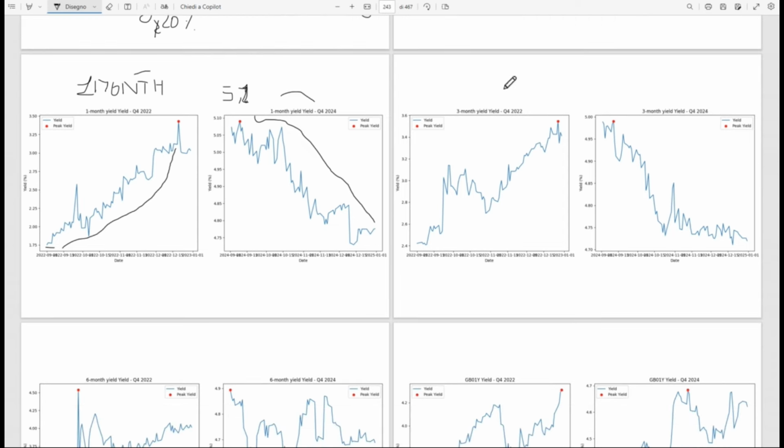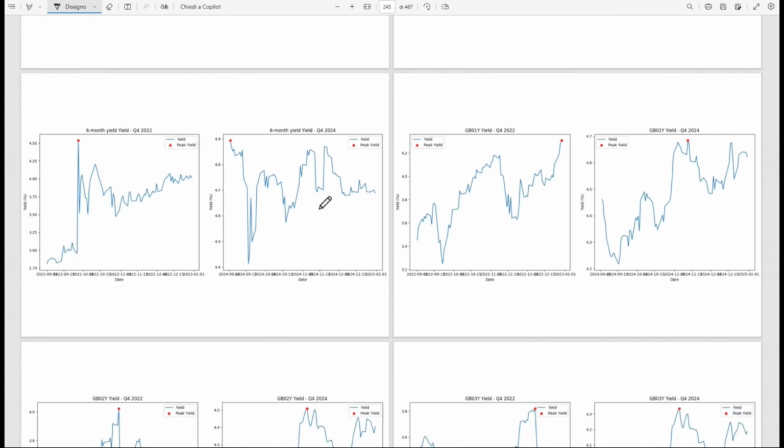So this is the same for 3 months. In 2022 you start from 2.4 and you go up to 3.6. But now in 2024 the 3 month is 5%, so it's much higher than 2022 because it follows the Bank of England curve, and we are at 4.7 now. So the cost of borrowing is higher because it brings forward the past data.